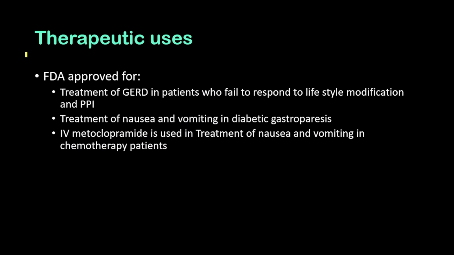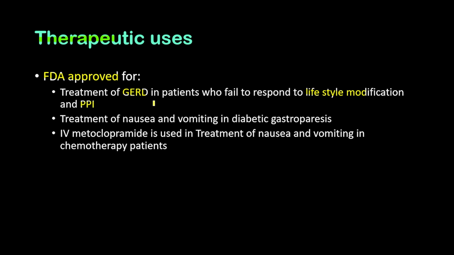Now let's talk about the therapeutic uses of metoclopramide. So this medication is FDA approved for treatment of gastroesophageal reflux disease in patients who fail to respond to the first-line treatment of GERD. So for patients who fail to respond to lifestyle modifications and to proton pump inhibitor treatment.